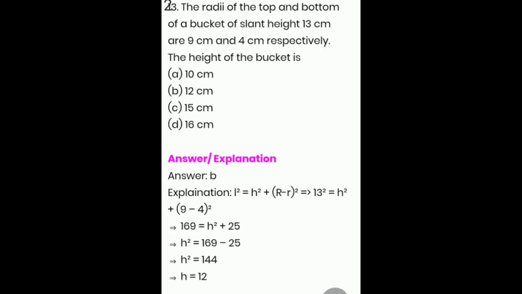The radii of the top and bottom of a bucket of slant height 13 centimeters are 9 centimeters and 4 centimeters respectively. For the height of the bucket, slant height square is equal to h square plus (R minus r) whole square. Substitute the given values. After simplification we get height equal to 12 centimeters.